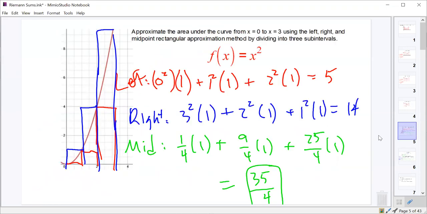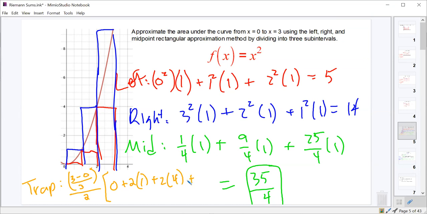What if we went back here and tried to use the trapezoidal rule? Using the trapezoidal rule, what should we have? We should have the length of each subinterval, which is b minus a, 3 minus 0, over n, the number of subintervals, divided by 2, times the first y value, which is 0, plus 2 times the second y value, which is 1, plus 2 times the next y value, which is 4, plus the last y value, which is 9.